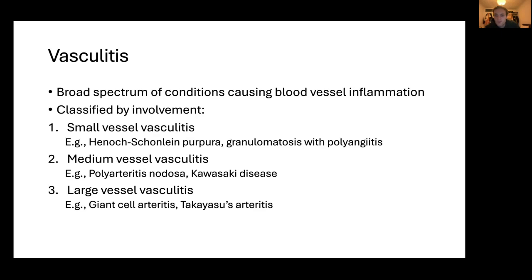So we'll go through each of these different conditions, and I'll discuss some of the salient points which you should be looking out for. This will focus more on the clinical presentation and the symptoms and initial investigations, less so the management.